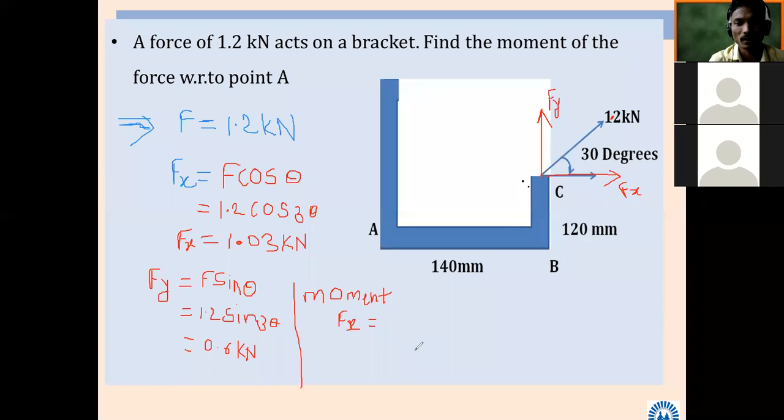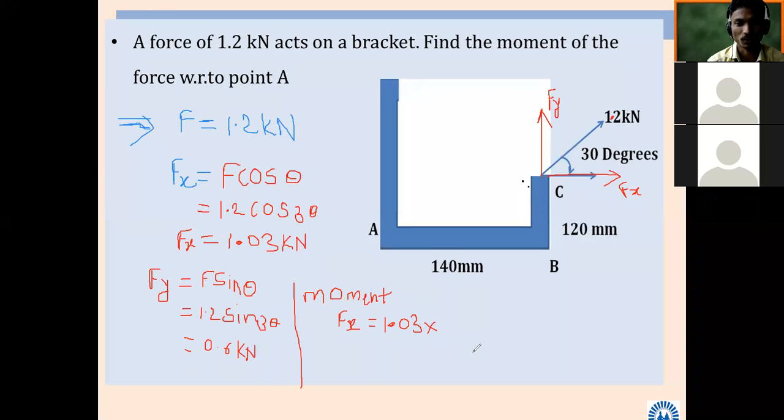What will be the formula? Magnitude into perpendicular distance. Now, what is the magnitude of Fx? 1.03. What about the perpendicular distance?